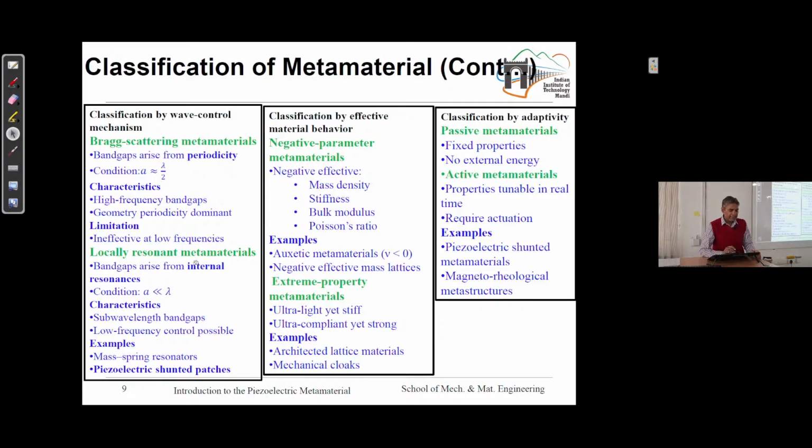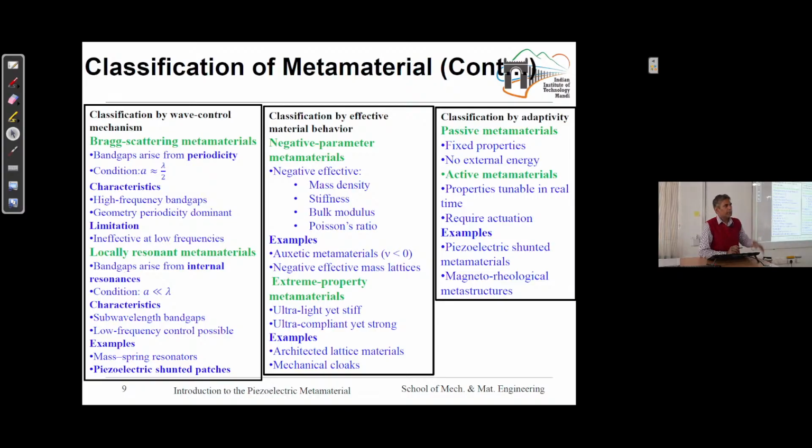The Bragg scattering metamaterials arise because of periodicity in the metamaterial. You have already seen that meta atoms are arranged in a periodic fashion.